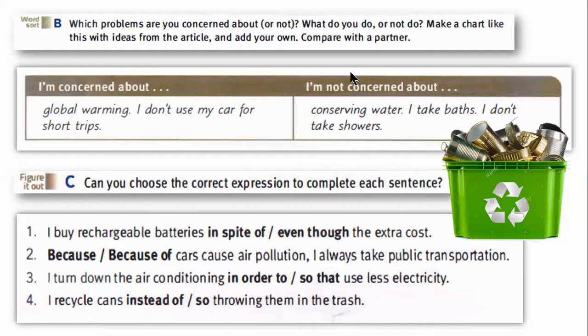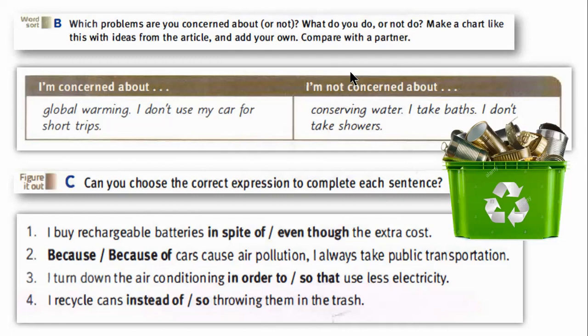Yes. Which problems are you concerned about or not? What do you do or not do? Make a chart like this with ideas from the article and add your own.